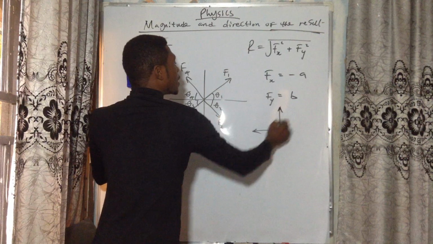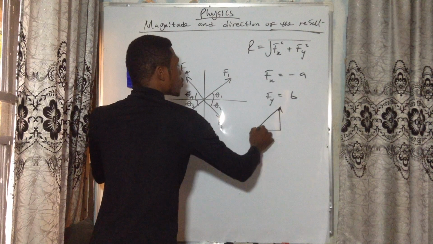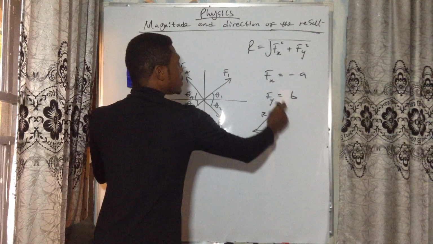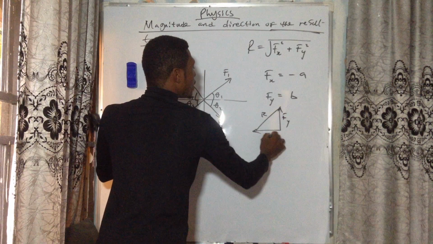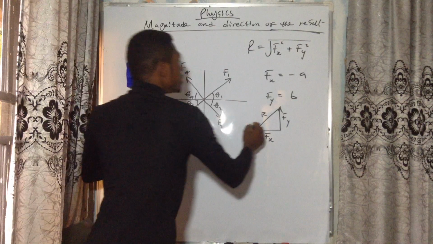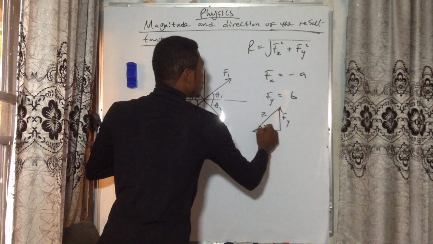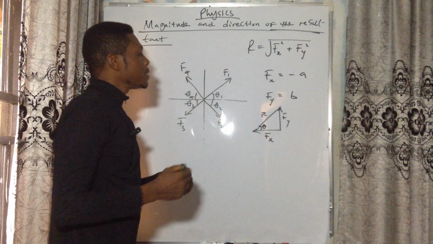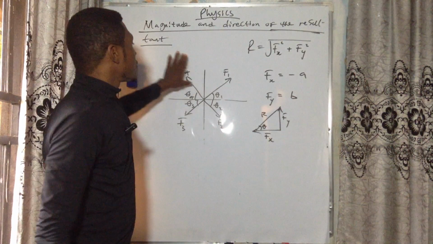Do you see? This is clearly the resultant. This is Fy, and this is Fx. Now, this angle theta will be in the second quadrant.